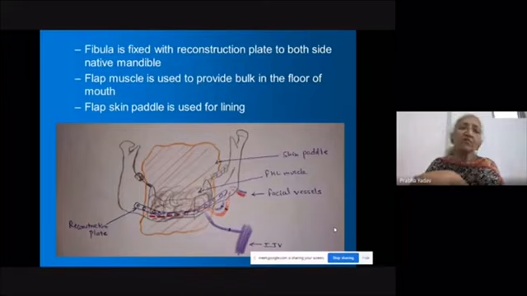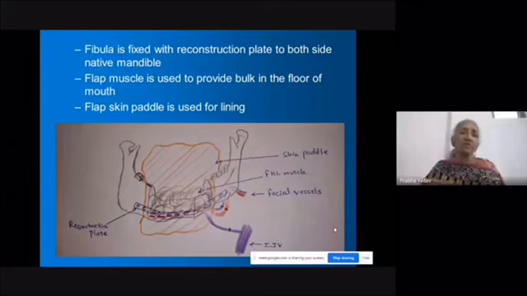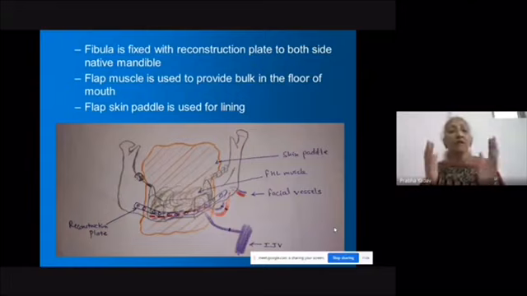But even if you do one vein for fibula, I think most of the time it is adequate, because when you are preparing your vessels, you will see a lot of communication between these two veins. They are interconnected quite a lot. But doing two veins is a good habit, no problem. But if by chance you do one vein, you should not feel, oh my God, I have not done a second vein.